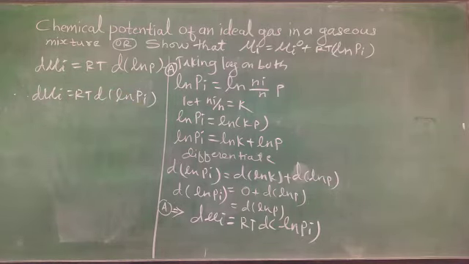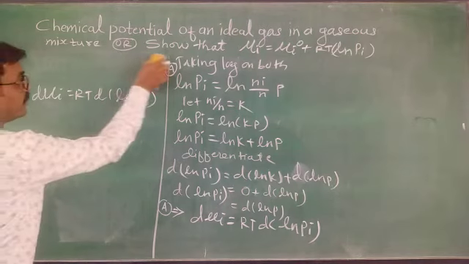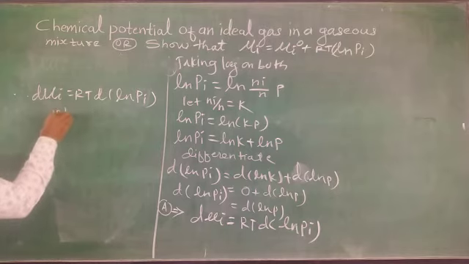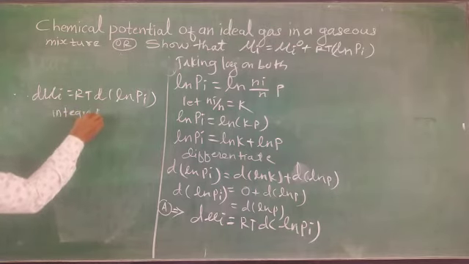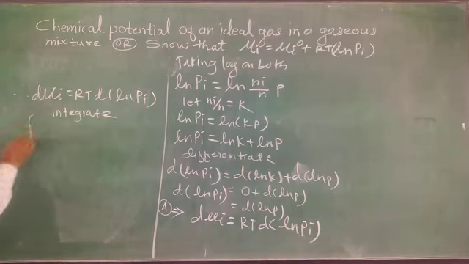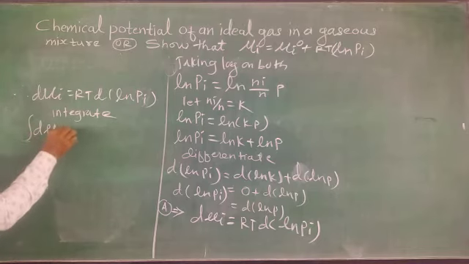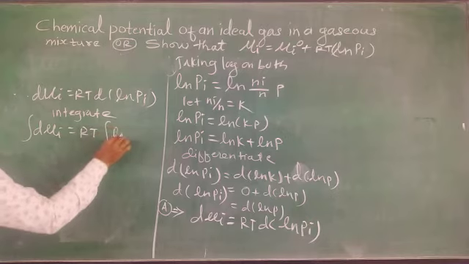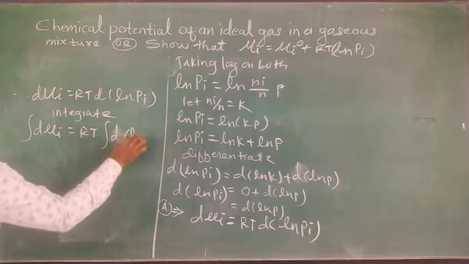This is our next equation. Now integrate. Simple integration we have to do. The integration of dμi is equal to RT, constant, times the integration of d ln Pi.